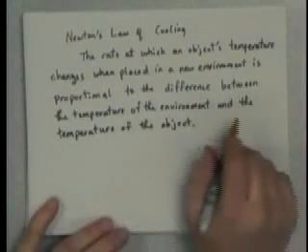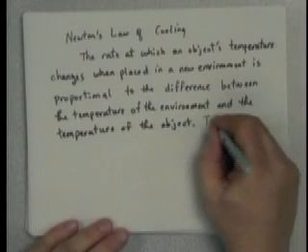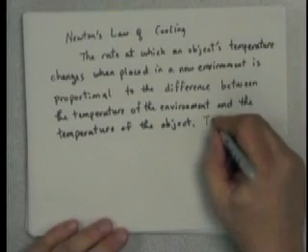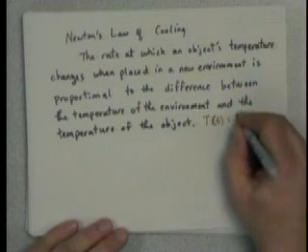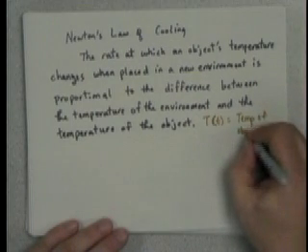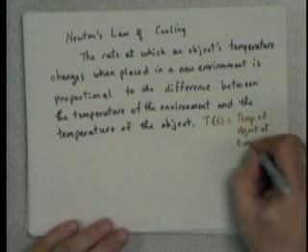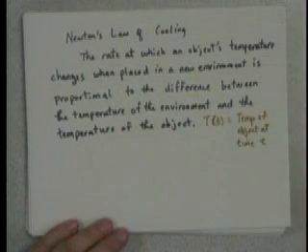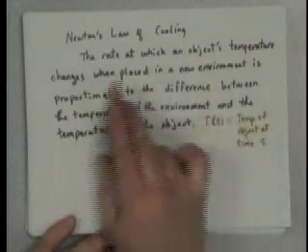So I need some variables here to try and write a differential equation. I'm going to let capital T of small t be the temperature of my object at time small t. And then what else do we have here?